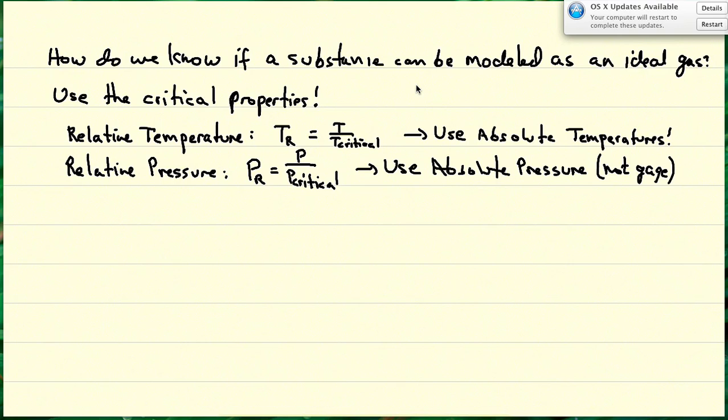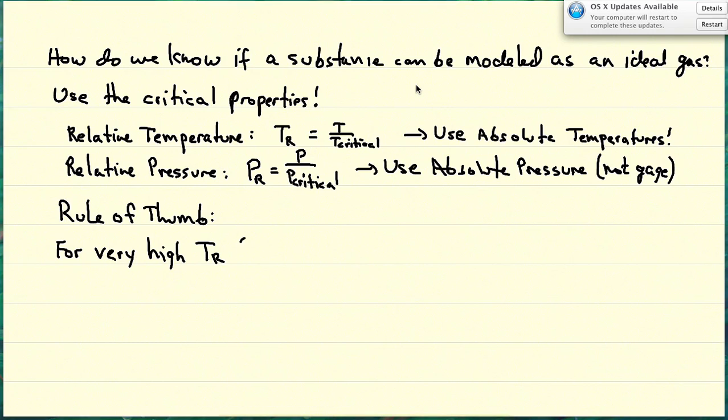Okay, so now we have these two definitions, relative temperature and relative pressure, but how do I use this information? Well, we have a rule of thumb, and the rule of thumb is as follows. For very high relative temperatures, and again, what does very high mean? Well, now we can actually attach a number.